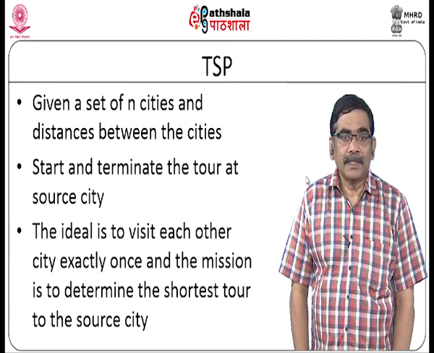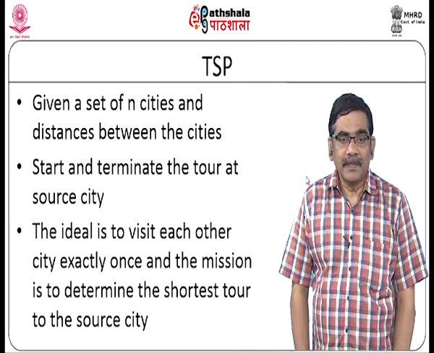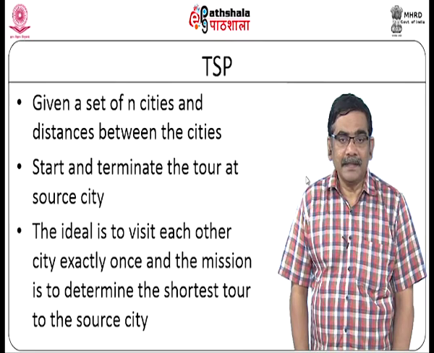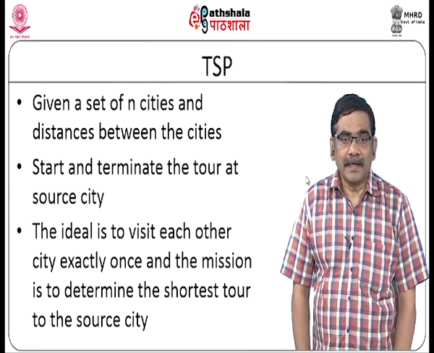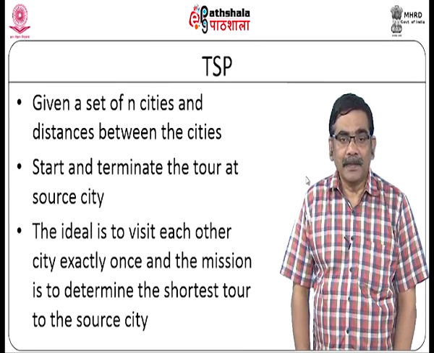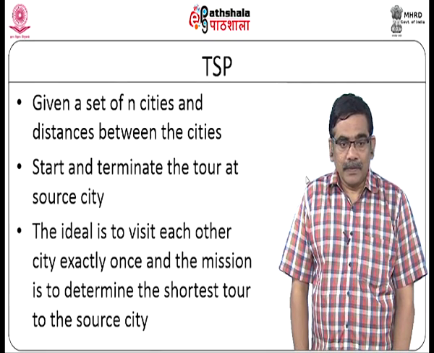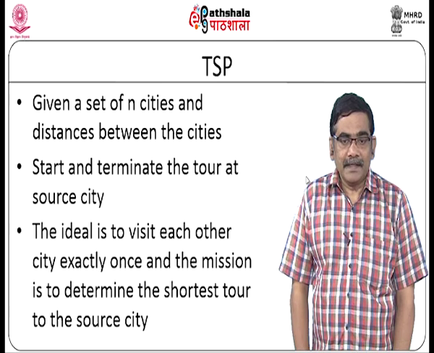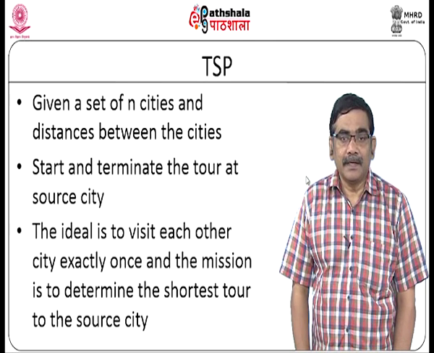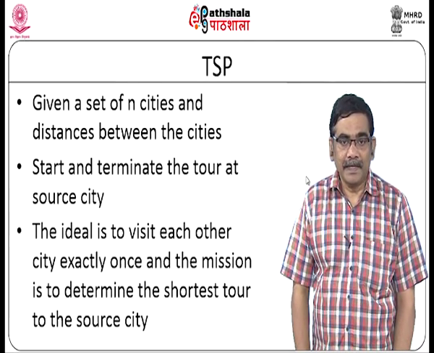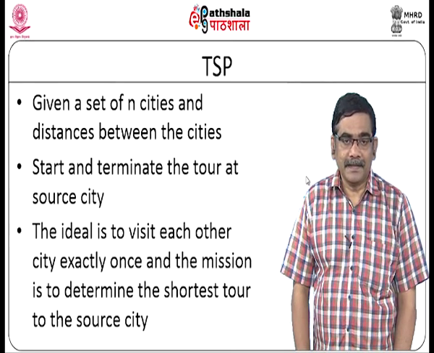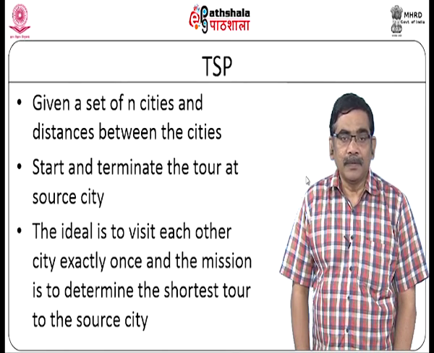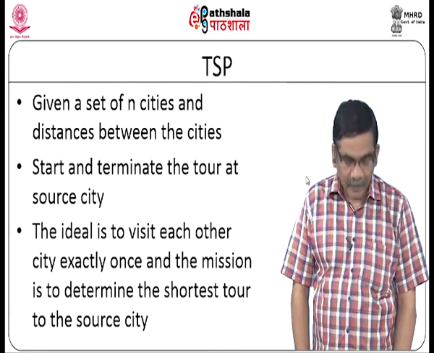So, a tour starts from a city, visits all other cities, and then you are trying to get back to the original city. So, this finds the shortest path between various tour possibilities. In other words, we have to find the minimum cost tour as part of TSP.